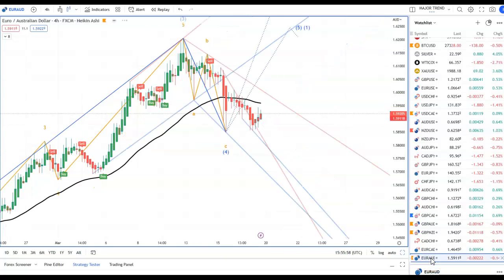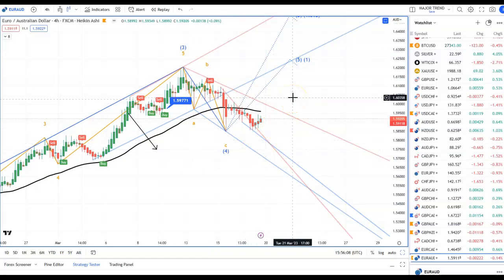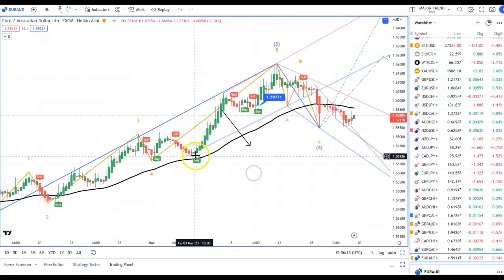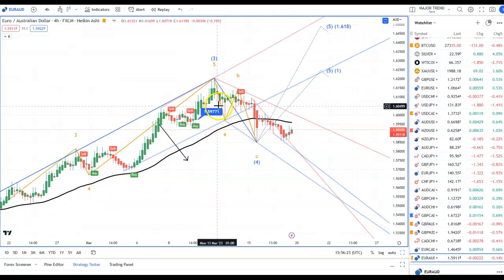Last one, the Euro Aussie. An interesting one. Now, as we know, a wave 4, wave 3 into correction, wave 4 continuation of the trend is what we're interested in, but the price is weak because it's below the 50-day moving average. This is what we want to see. Buy, etc., etc. We're not seeing that.